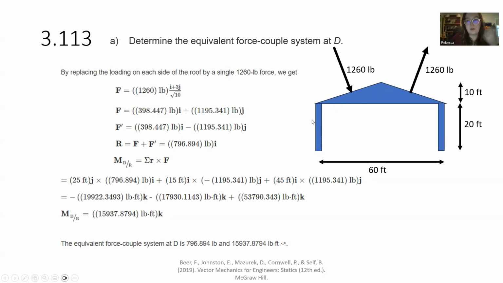Depending on how you want to approach it, it's essentially the same thing. Doing a sum of the force times perpendicular distance is just manually doing the cross product. Either way, you're going to end up with just under 1,600 pound-feet in the k direction, that's going to be our positive, so that's going to be our counterclockwise.